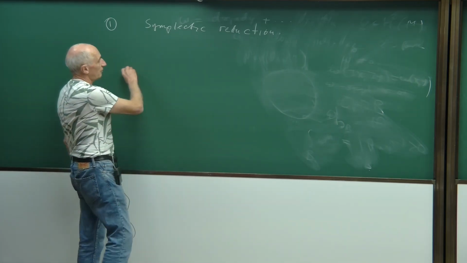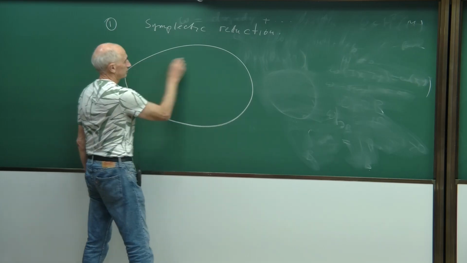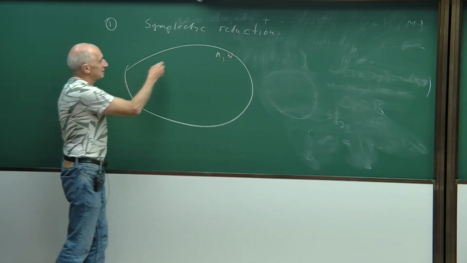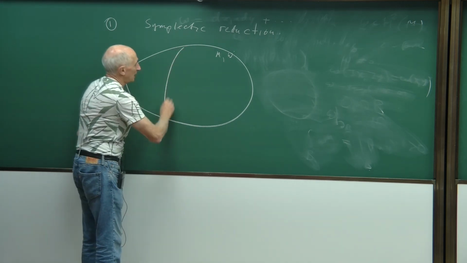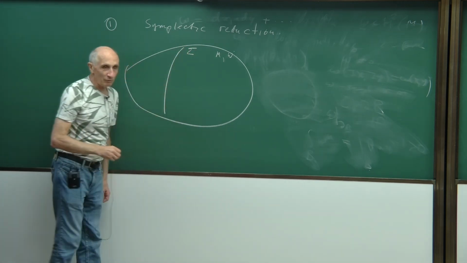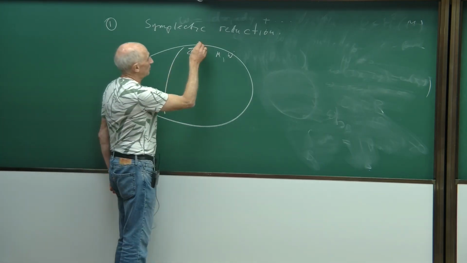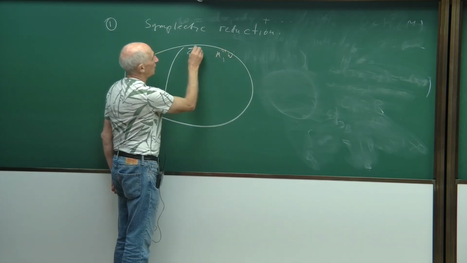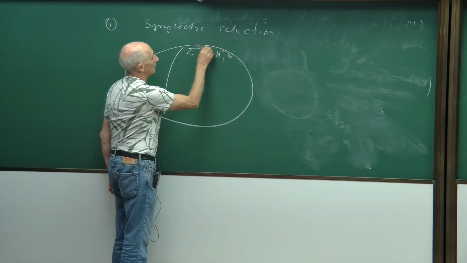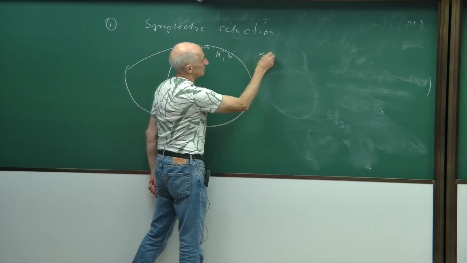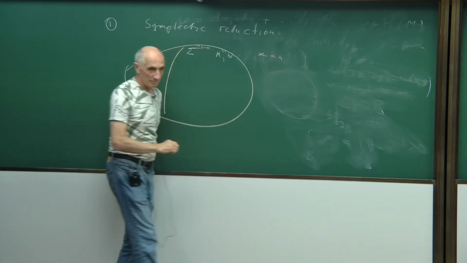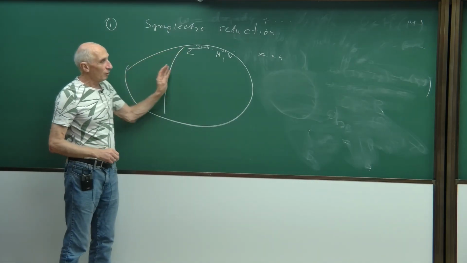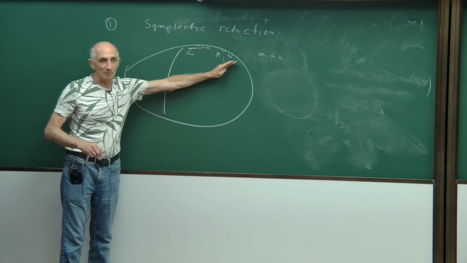So suppose you have a symplectic manifold, and inside you have a submanifold sigma, say the manifold has dimension 2n and this has dimension, say, 2n minus k, where k is less than n. So you have some submanifold of more than half dimension.